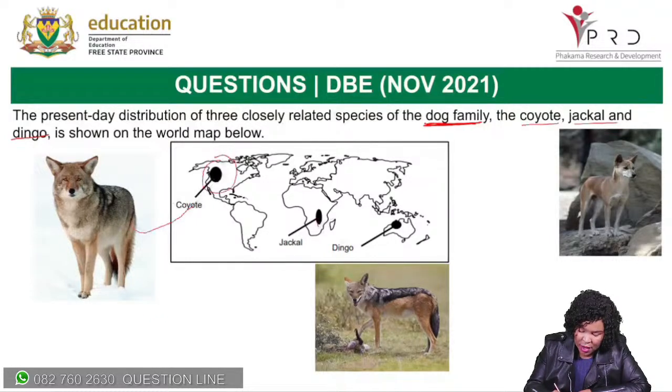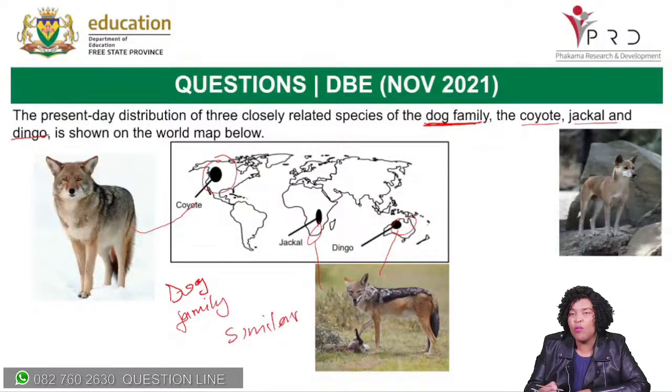The jackal is found somewhere here around the south of Africa, and then here you find the dingo. But all of these are species of the dog family. And if you take a look at them, you can already see that they are similar somehow, meaning you must be able to explain to us how they became different species.